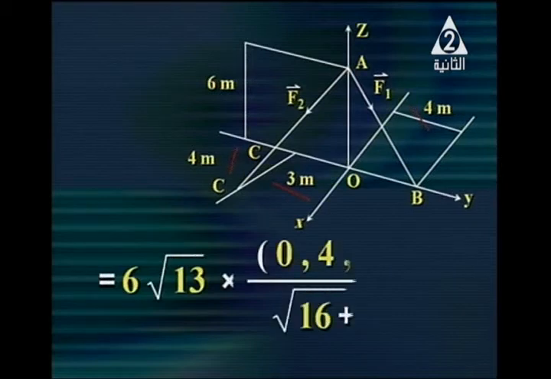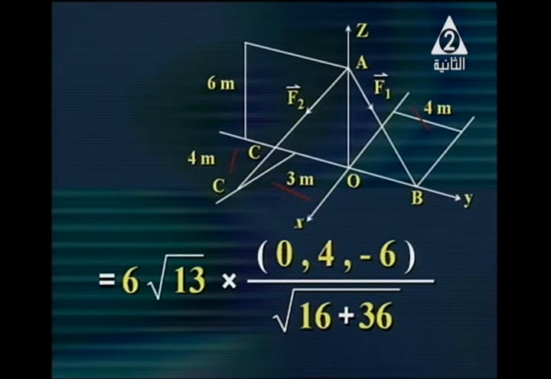F1 is 6 times root 13 times AB over the norm of AB, which equals the AB vector 0, 4, negative 6 over the norm, the square root of 16 plus 36.